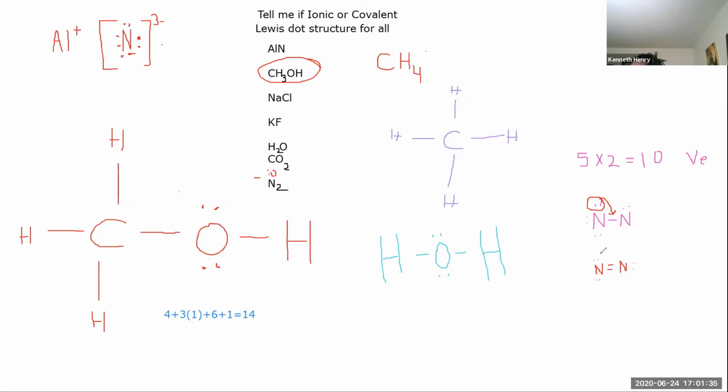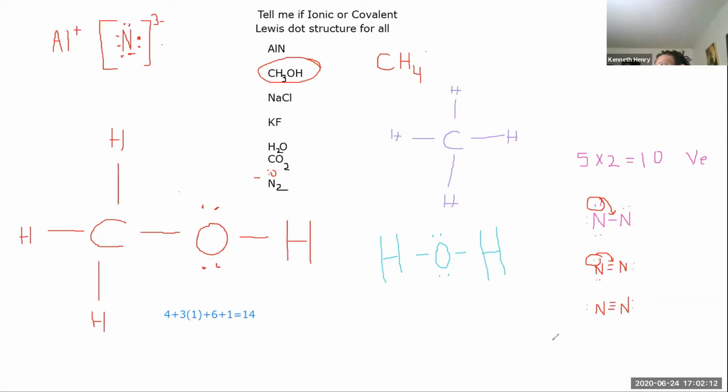Okay, so then let's take another lone pair and put another line between the 2. Yep. So now let's count those. 2, 4, 6, 8. 2, 4, 6, 8.